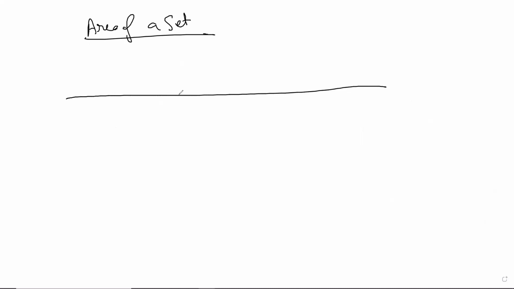So what we want to say first is the area of a set. I have to say that a bit rigorously. Let's say you have a subset of the real line, spread out like this.